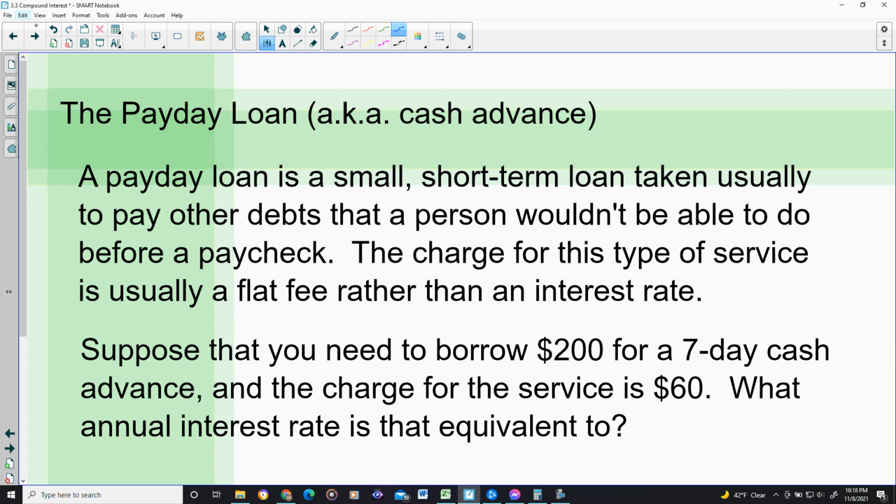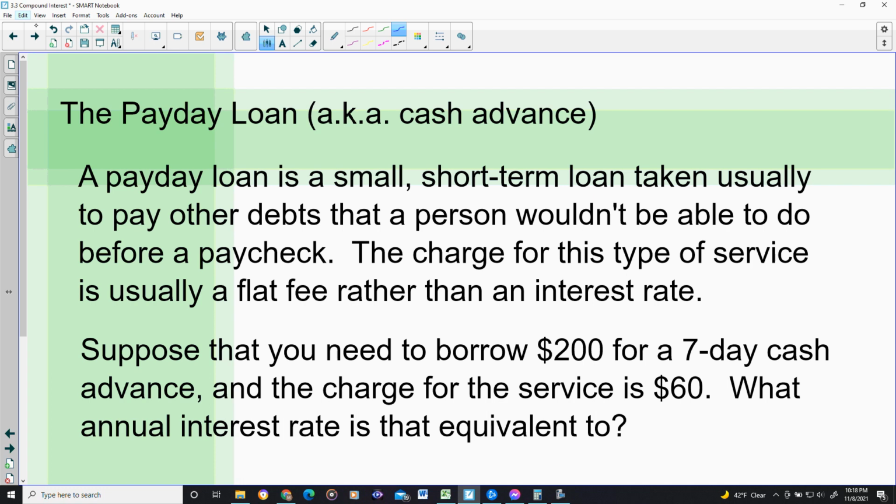If, let's say, you get a paycheck for $500, they'll say, okay, we'll loan you $430 right now, but then you owe us the full $500 when you come back. So they're charging you $70 for the service. And that's a pretty good chunk out of the 200.